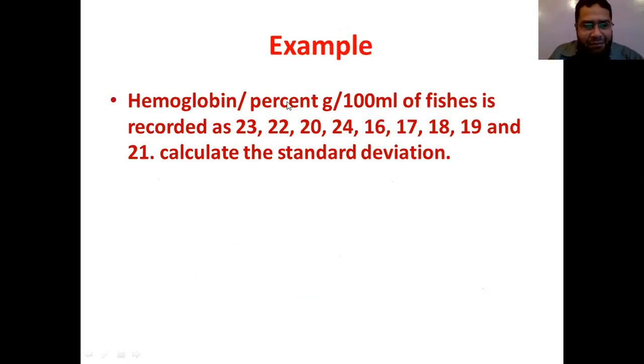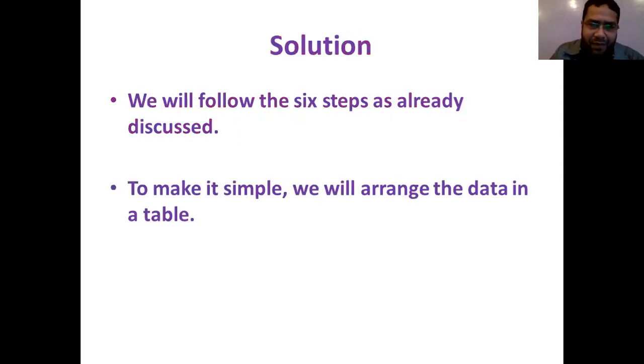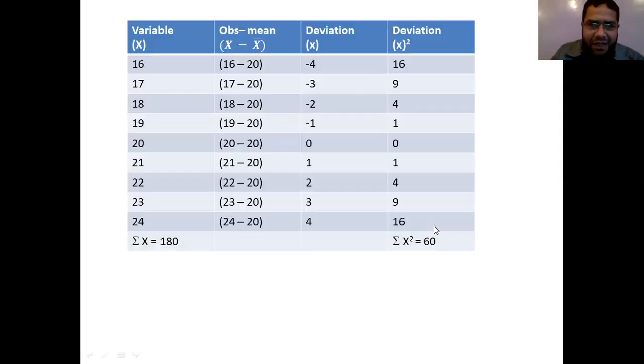So let's take an example. Hemoglobin percent, given in grams per 100 ml, of fishes is recorded as this data set. We have to calculate the standard deviation. The first step is to calculate the mean. We will follow the 6 steps we have discussed, and to make it simple we will arrange the data in the form of a table.